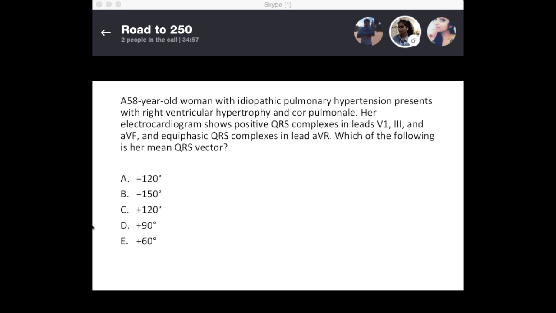Sorry, it's a little hard. So, okay, keep in mind positive deflection in lead 1 and aVF. Is it D? So, using the quadrant method. No. Okay, sorry, I kind of just picked this question up because I found it.